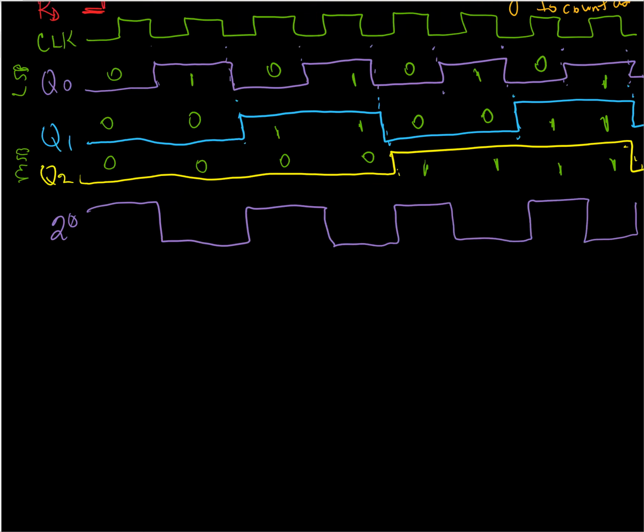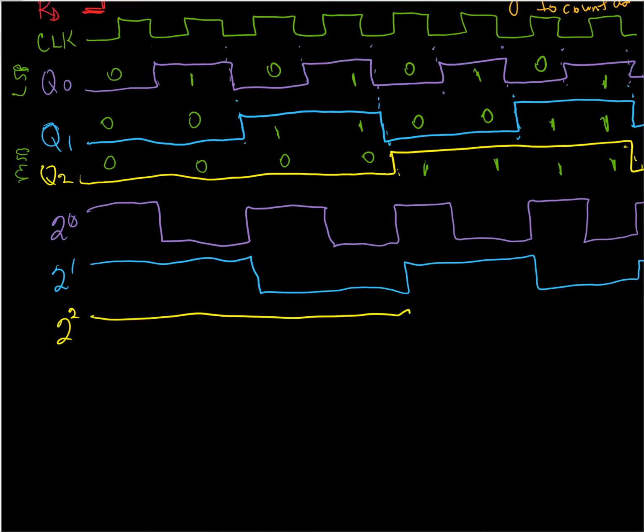For 2 to the 1, it's the opposite of Q1 because it's taken from the Q bar output. So it is going to be high, then low, then high, then low. And same thing for the 2 to the 2 output. It's going to start off high, then go low, then back high.